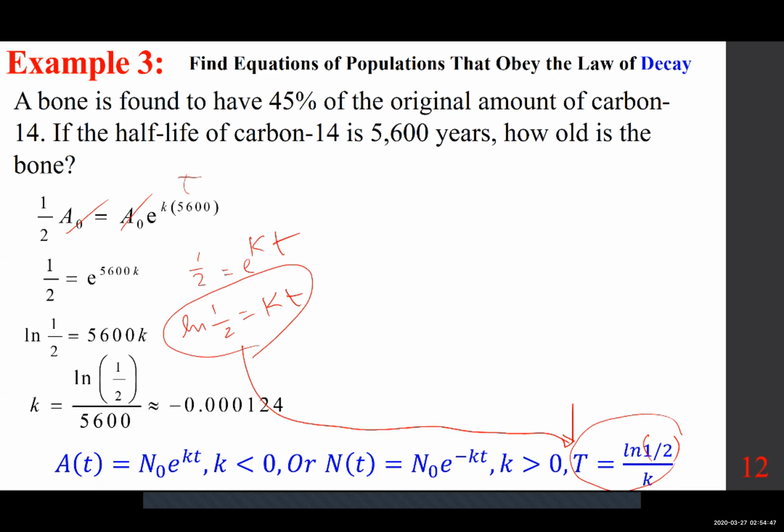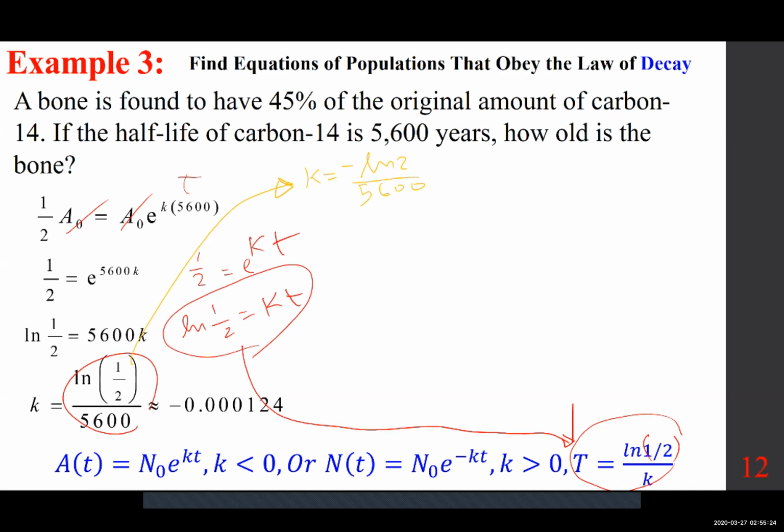You can even keep it as ln of 1/2. Now, it's important, if you want to keep it that way, class, please understand, let me use a different color. K is the same as negative ln2 over 5,600.